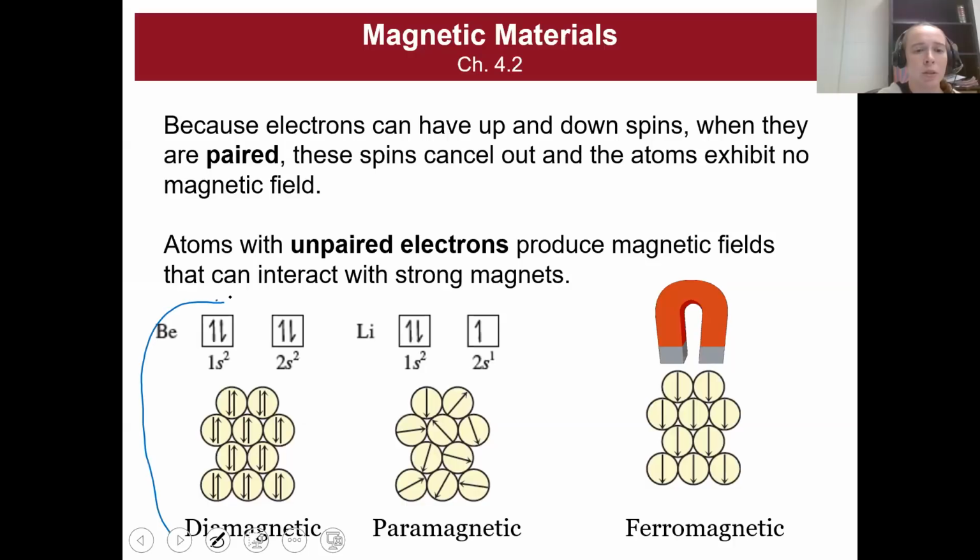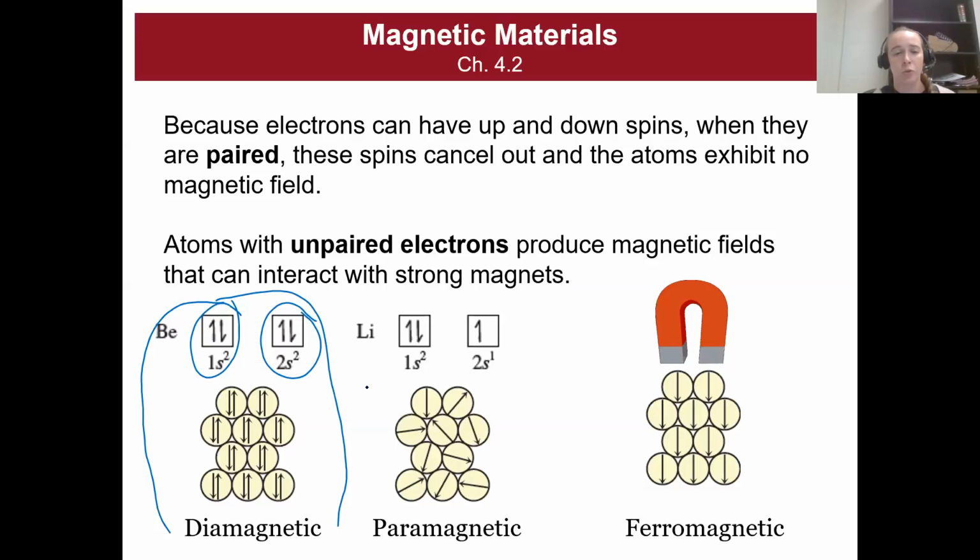So beryllium, if we don't have a magnetic field, we call the element diamagnetic, or the atom diamagnetic. Beryllium is atomic number 4, and it has 4 electrons, so 2 of them are in the 1s orbital, and 2 of them are in the 2s orbital, and they're paired up, so there are no unpaired electrons in beryllium. So all of those paired electrons cancel each other out, and beryllium does not exhibit a magnetic field.